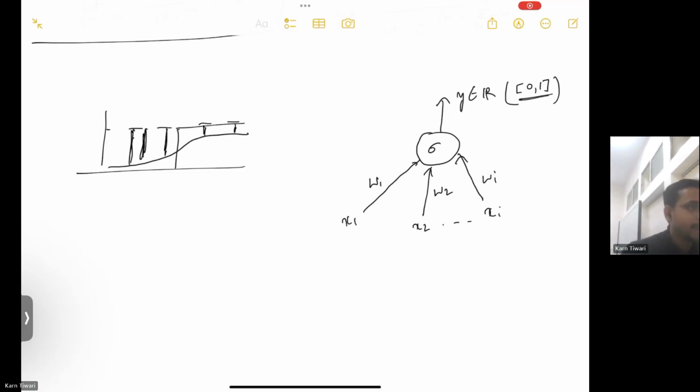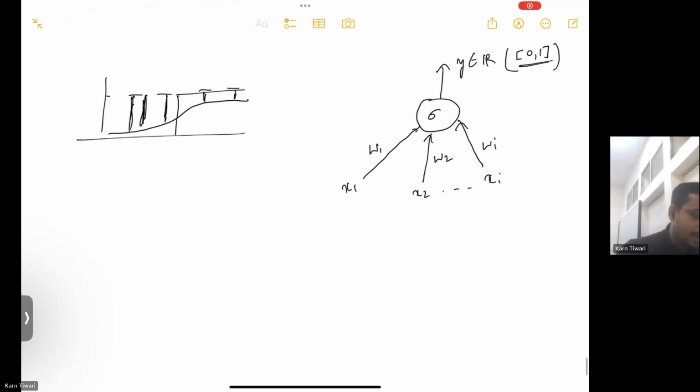And also we have a bias term w naught, which people usually take, as per the notation, as theta or minus b. So it depends upon the different literature.